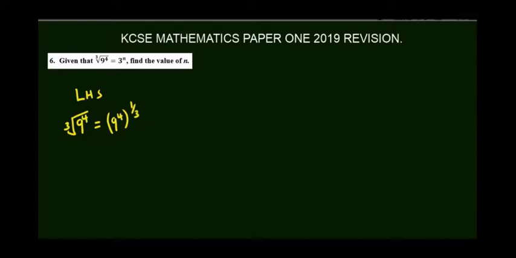When we apply the law of indices that states a power m raised to n should give us a power m times n.